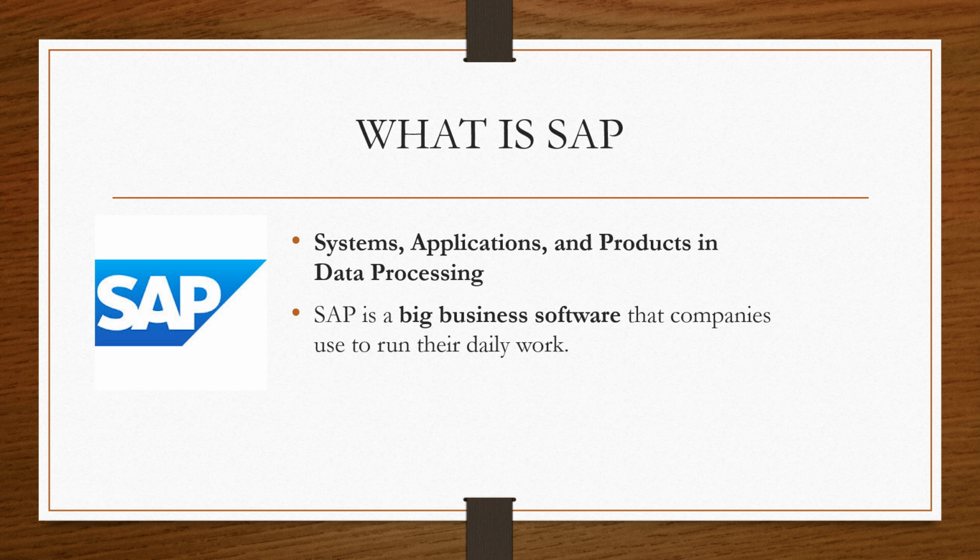So SAP is big business software that companies use to run their daily work. What the sentence is trying to say is that there are multiple companies, and there are enterprise applications also. SAP has set its goal on being an enterprise platform.